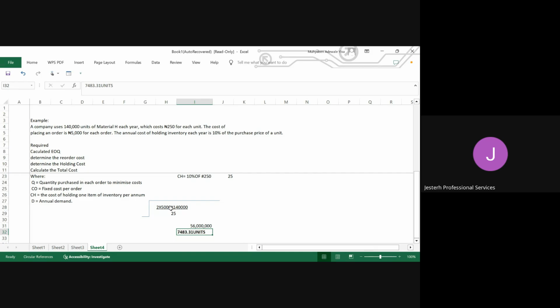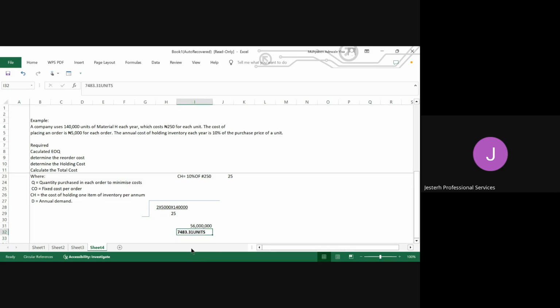So what this signifies is for this company to meet their annual target of 140,000, they have to be placing 7,483.31 units of material H at every order they are placing.